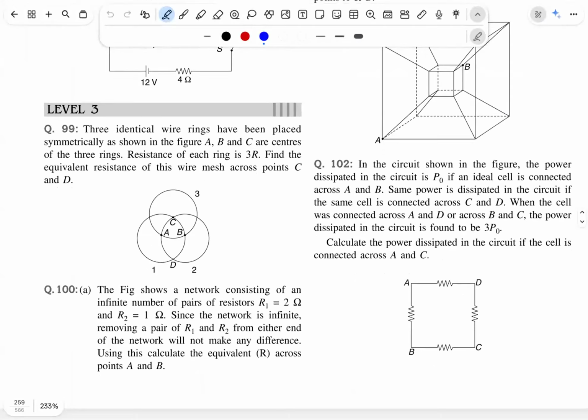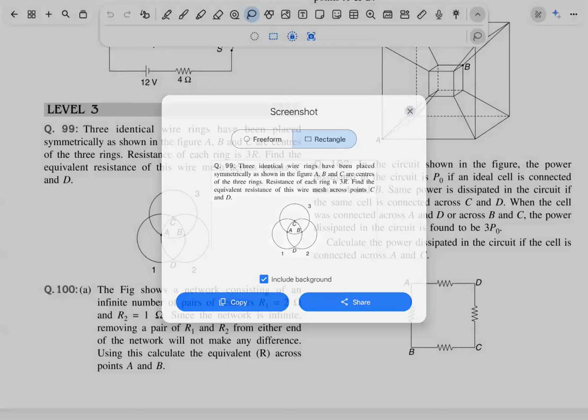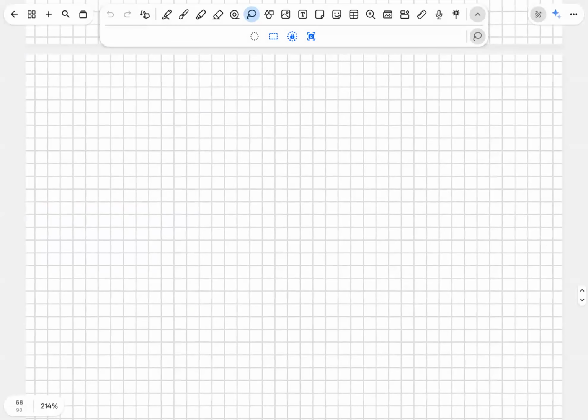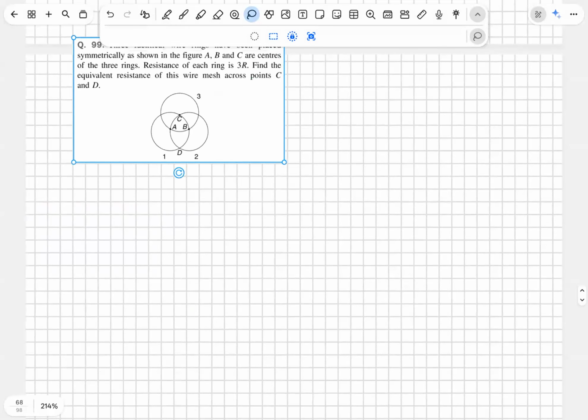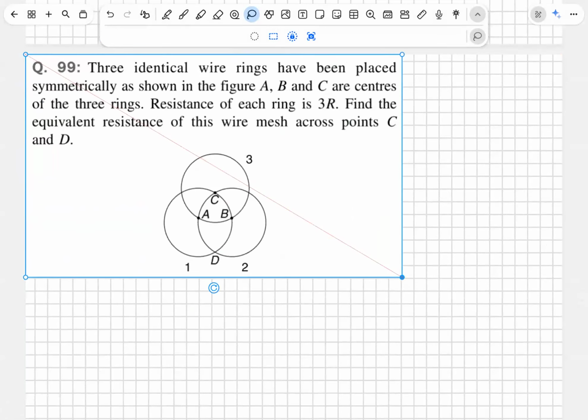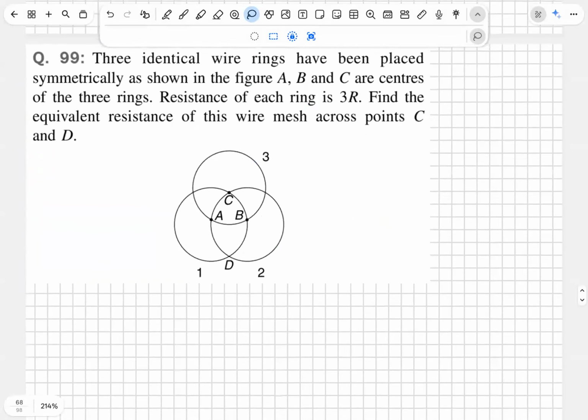This is the question. Tell me what is your doubt in this?